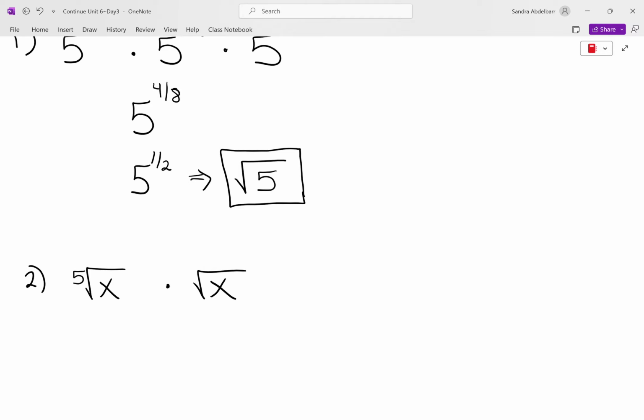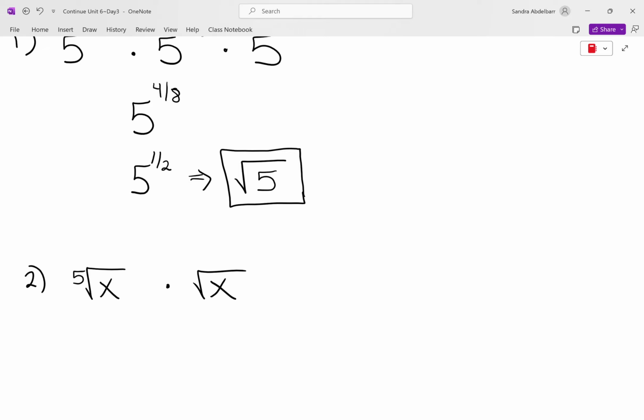So I will tell you on the test, I will want all final answers in radical format. That doesn't mean you're not going to have to work with the exponential. You're going to have to flip-flop throughout your problem, but your final answer will be in radical. So, Tori?